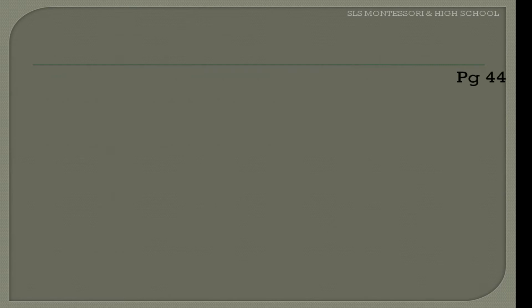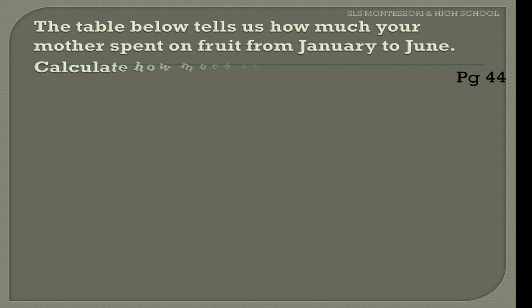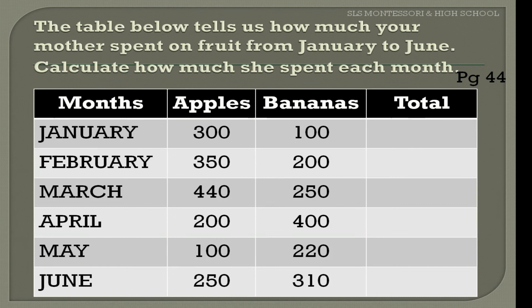Kindly open page 44. This is the table consisting of simple calculations. Try to solve this with me on your books or notebooks. The question is, the table below tells us how much your mother spent on fruit from January to June.